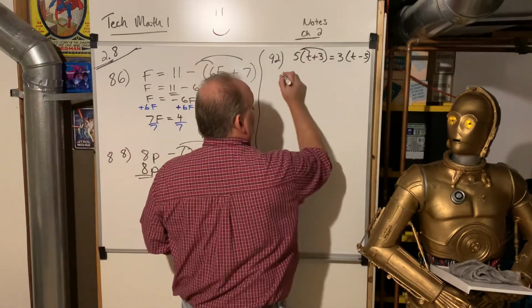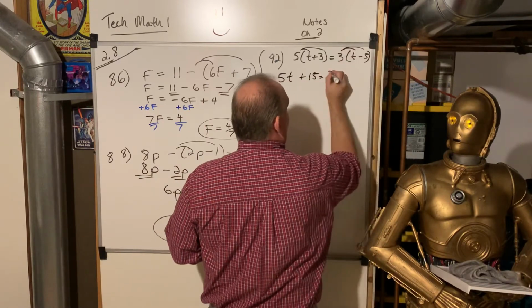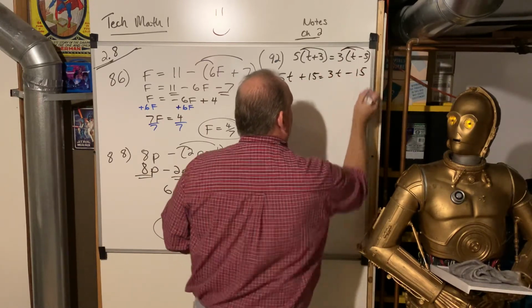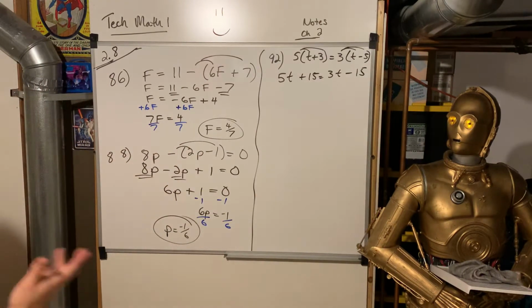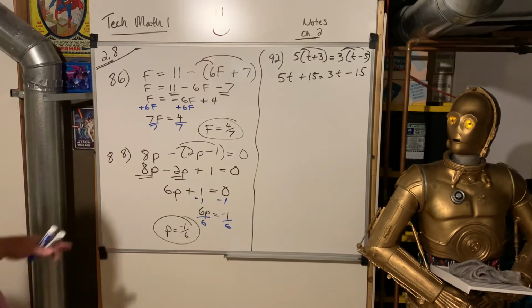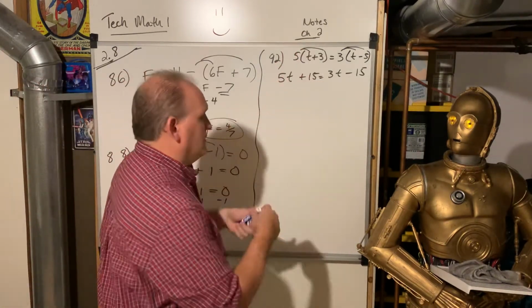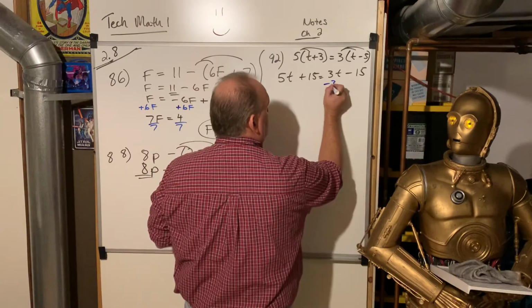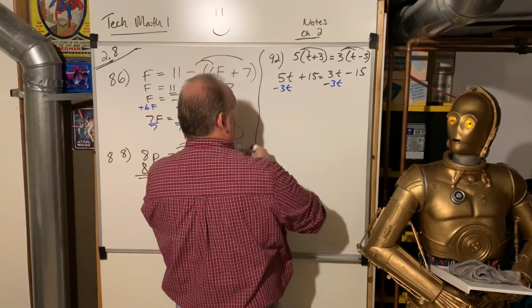Do the distributive property, 5t plus 15. Do the distributive property, 3t minus 15. And so now there's no like terms to combine like there was on this. So we can just do the distributive property and then get right into solving this equation. We'll get all the variables over to one side.